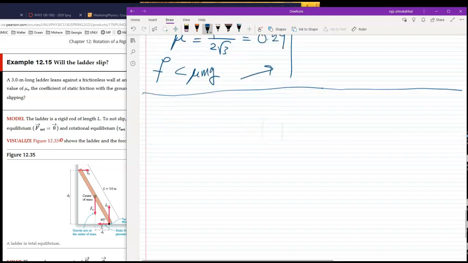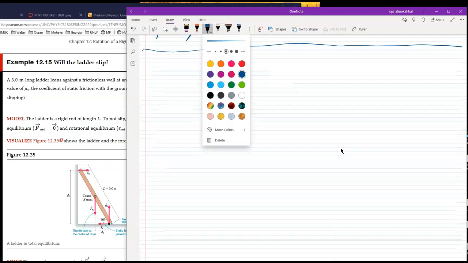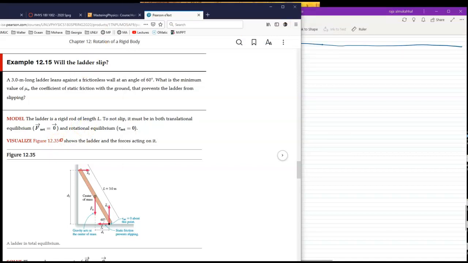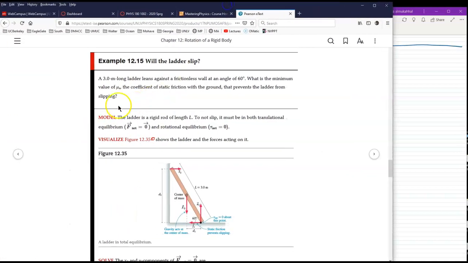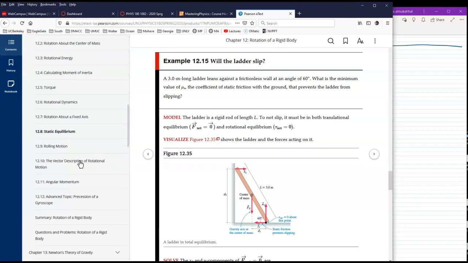I've taken that course when I was an engineering major for a while, so I'm familiar with those courses. All right, number 59. Let me look it up for you. We are in chapter 12.